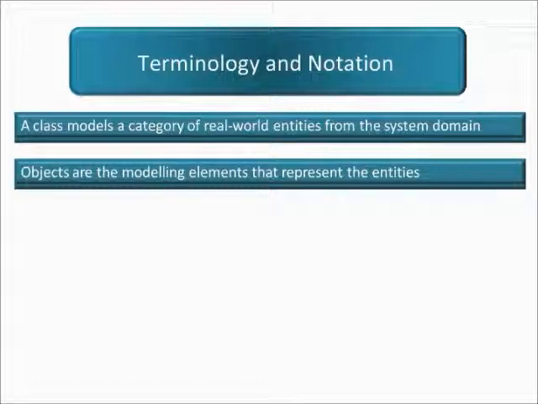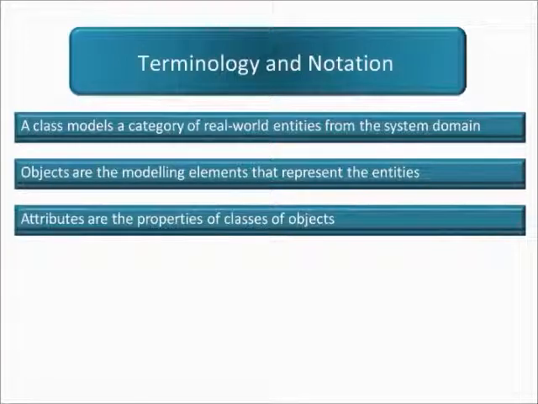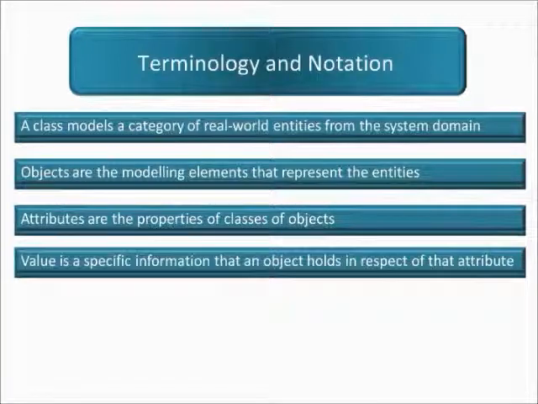Objects of a particular class may have properties called attributes corresponding to properties of their real-world equivalents. For example, an object representing a car entity may have an attribute that corresponds to the color property of a car. At any given time, an attribute of an object has a value, that is, specific information that the object holds in respect of that attribute.